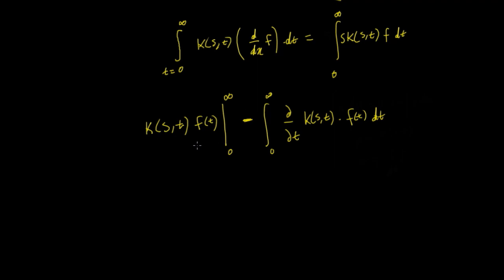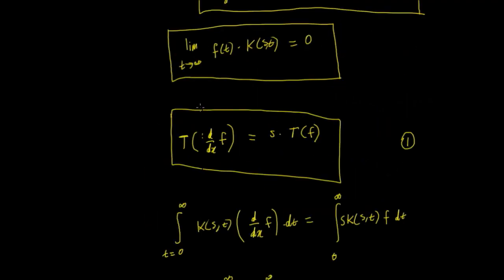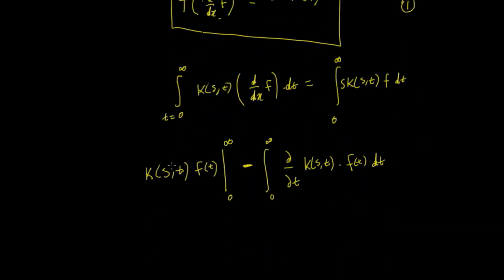Okay, and we know from what we did up here that the limit as t tends to infinity of this product equals 0. So the first part here is going to equal 0, and then we take away the rest.